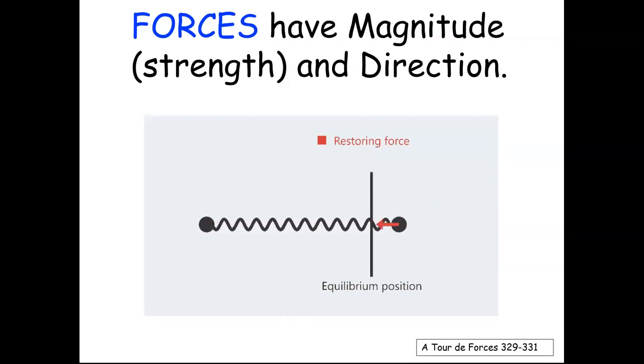So here you can see the size of the arrow changing, and that is going to represent the change in the force in the spring. And so we get the spring that goes out to here.